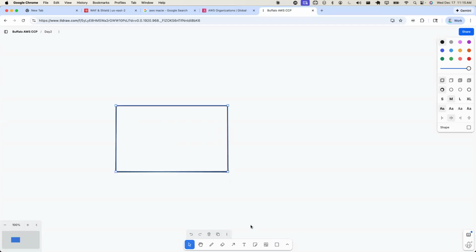We might have an AWS account here, let's call it the SWE full stack account. And inside it with IAM, we might have a bunch of different users.